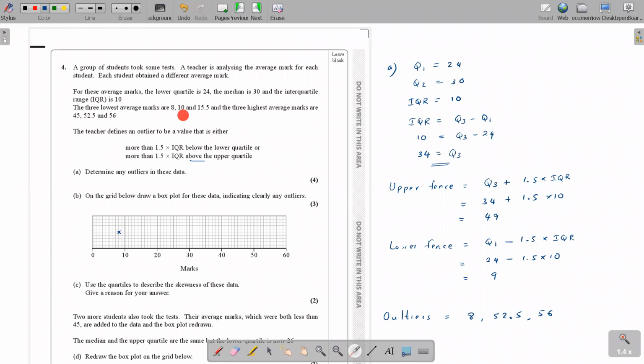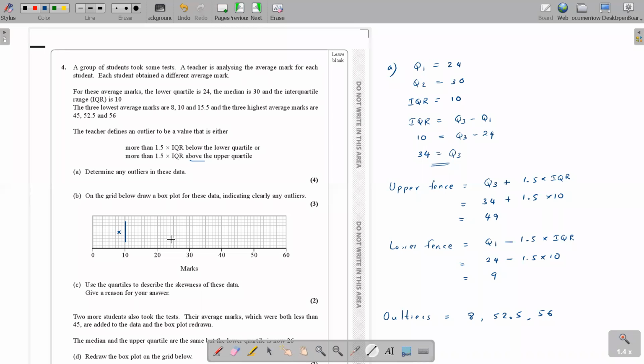So 10. That means we start our whisker at 10. Start the whisker at 10, and then Q1 is 24.